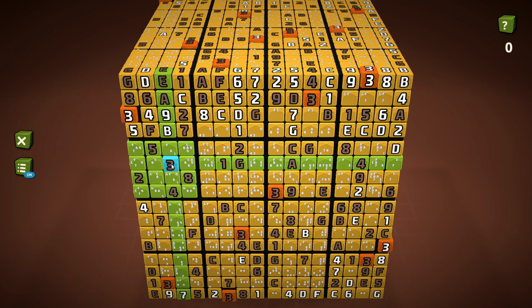Okay, so threes. Can't be the middle columns. Oh. Hey, third row of red squares. What about them? Well, it has to be in the top row in that one.